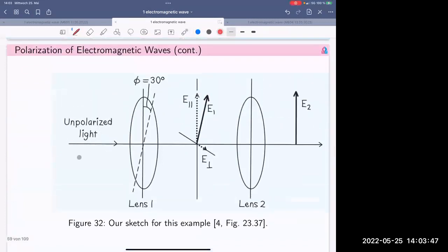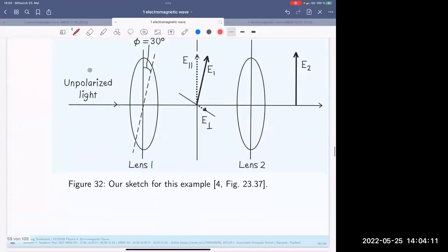a light that has so much energy because it has several orientations of polarization. For the first lens, the polarizing filter will reduce the intensity of the unpolarized light to be only half of that. So it's the intensity of this one divided by 2.